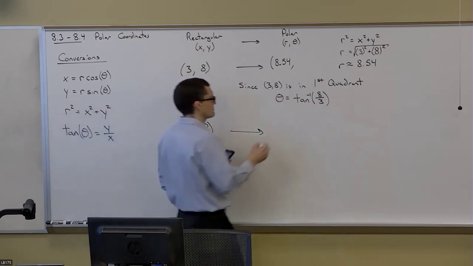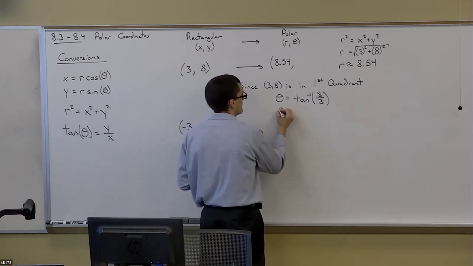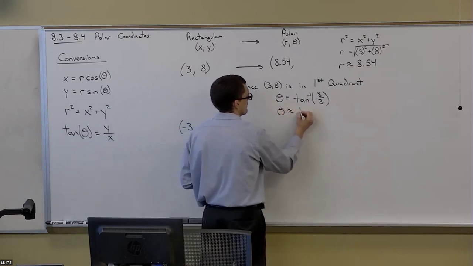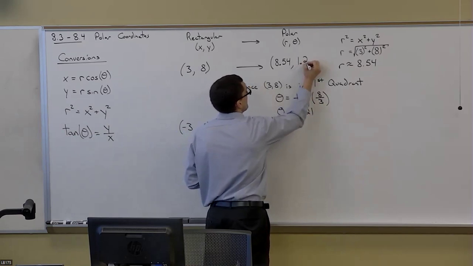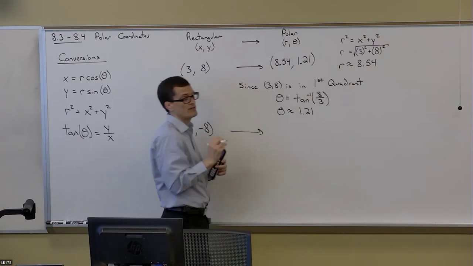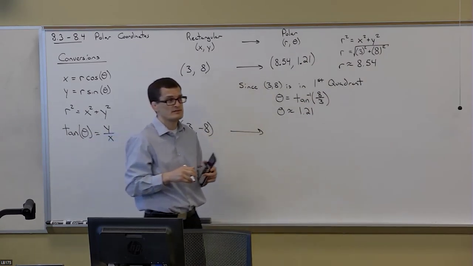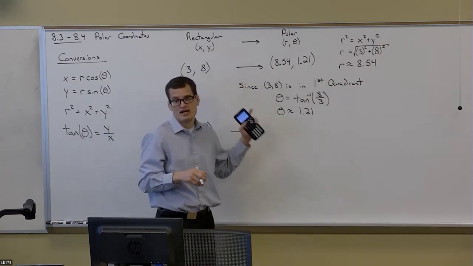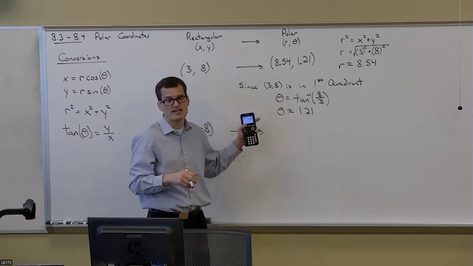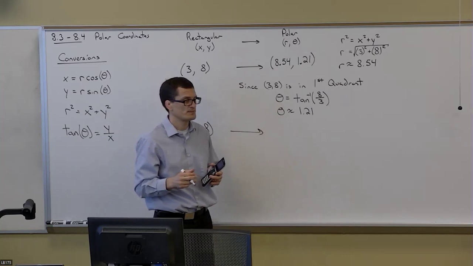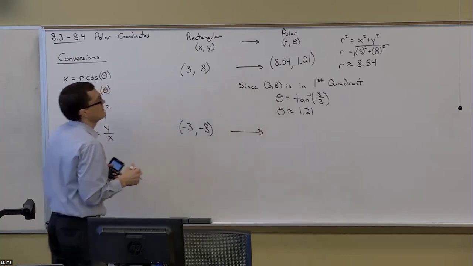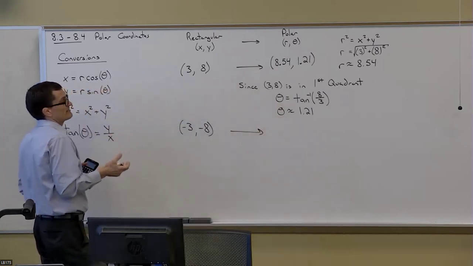That's about 1.21 radians. Remember, make sure every time in polar coordinates, we're going to be dealing with theta in radians. Okay, polar coordinates always in radians. So that's the essence of it.